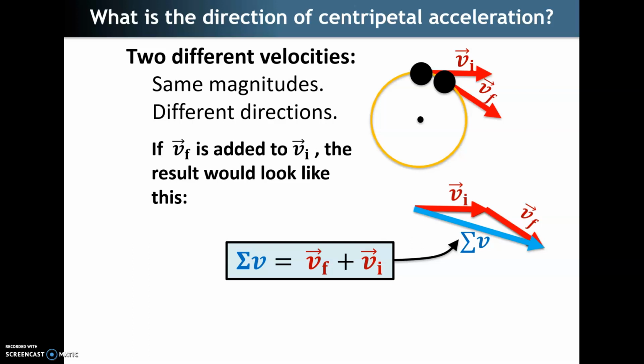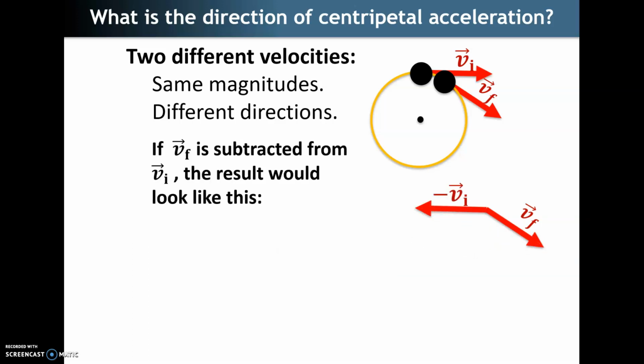We could take the final velocity vector and subtract the initial velocity vector. Something to note is subtracting the vector is the same thing as adding a negative vector. Basically it's the vector but in the opposite direction. So subtracting the 2 vectors, we're just changing the initial velocity to be in the opposite direction.